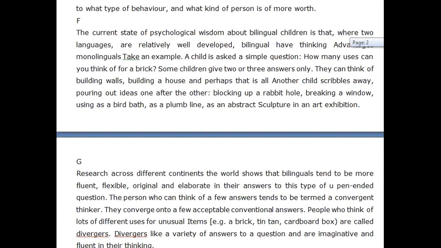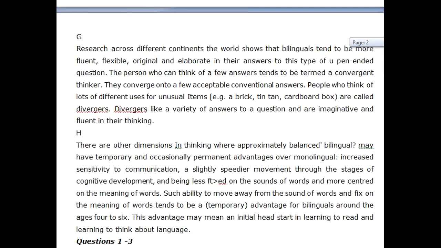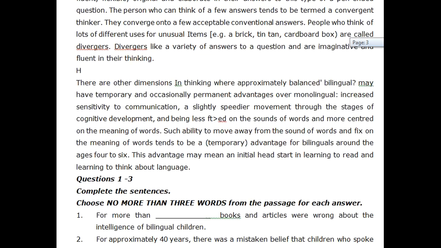The current state of psychological wisdom, research across different continents, the other dimensions. Okay, fine. So finally we came to know that this is about bilingualism in children and different research reports regarding their IQ and other information that has been done on that, right?